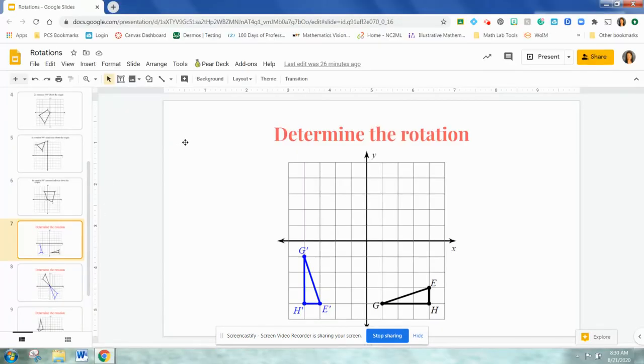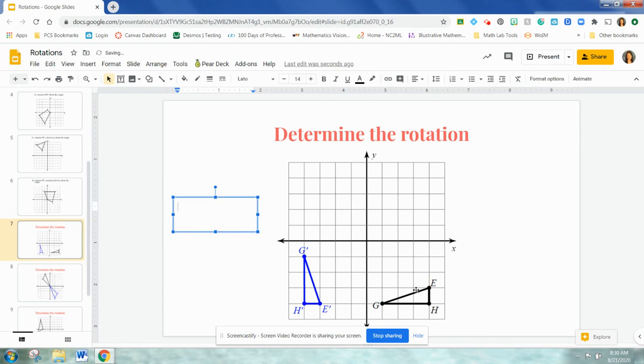I don't have a pen, so I'll just type it. So since I've gone a quarter turn, it automatically has to be 90 degrees.